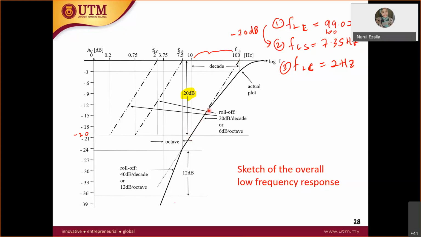You stop your line at the next frequency, 7.35. For example, in this example, they take 7.5. So you have to extend your line further up to 7.35 or 7.5. So your first line here is from 100 hertz to 7.35, and it will stop there.